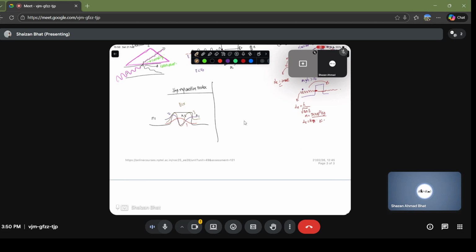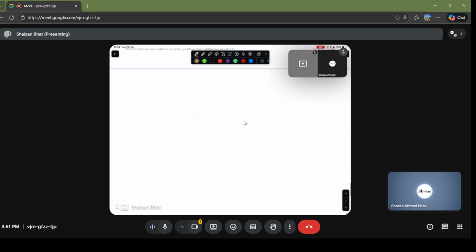It is basically E as a function of x, y, z, or if you are writing it for only a single spatial direction, then E as a function of x. This tells you how the electric field varies as a function of, let's say, the z direction, the direction of propagation. So the refractive index looks like this, basically the slab.